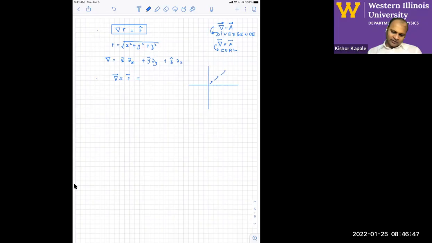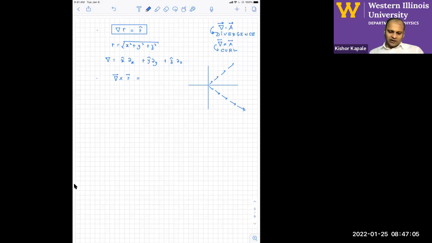At farther away points, it has higher and higher amplitude. The farther you go from the origin, the larger it gets, right? So you can imagine those vectors coming radially out in all different directions.